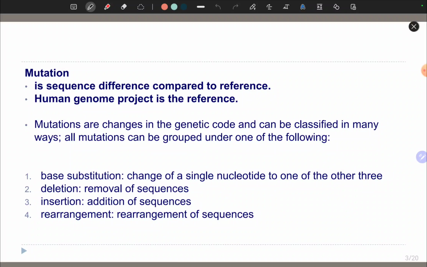I have a better classification for that, much simpler. You can say you have point mutation, and you have chromosomal mutation. Chromosomal is at the chromosome level, point is at the DNA level. And for point mutation, you can have silent, missense, nonsense mutation, frame shift, insertion, deletion, etc. So that would be a better classification for mutation.